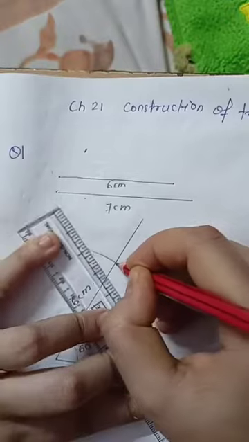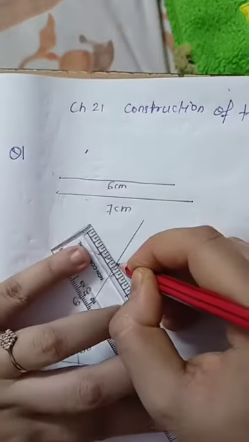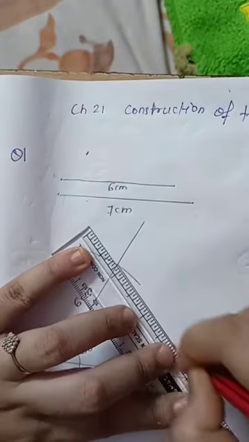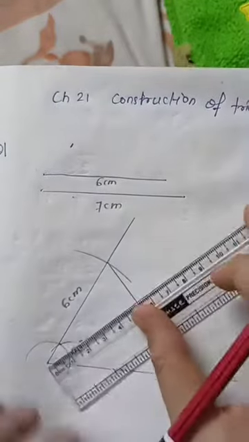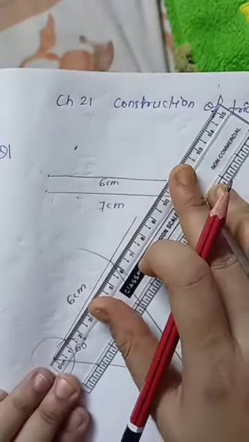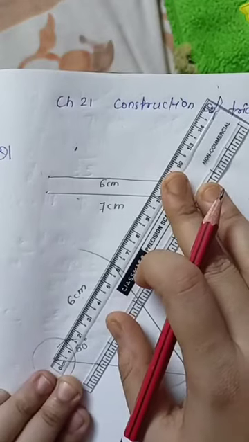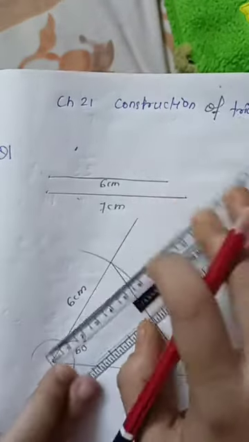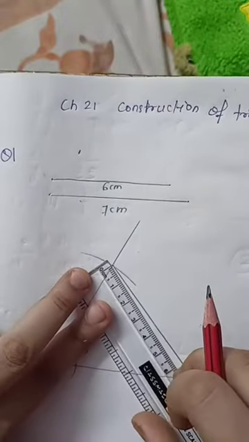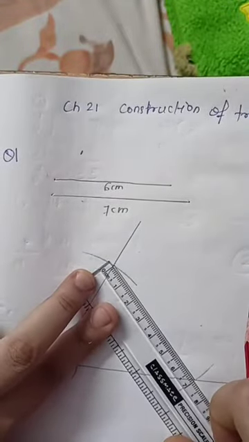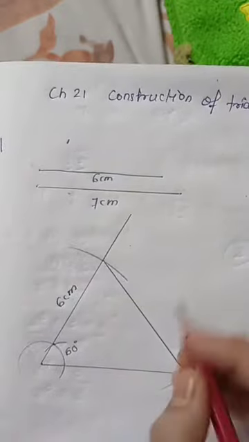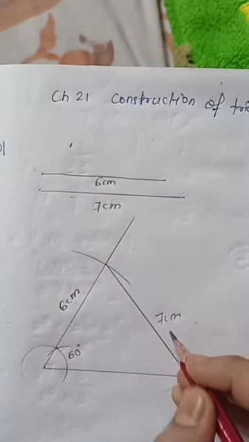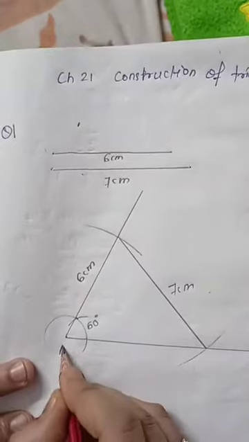So I will join the points from here to here. If you measure, this side of the triangle is coming exactly as 6 centimeter, as you all can see, and this side of the triangle is coming exactly as 7 centimeter.